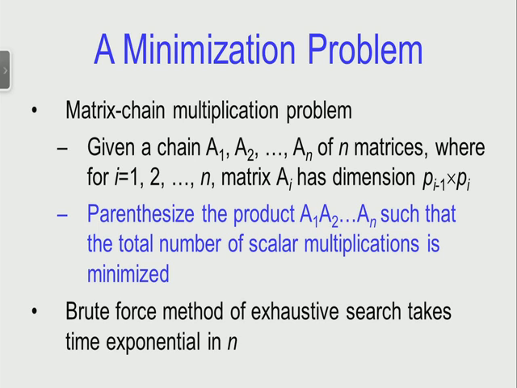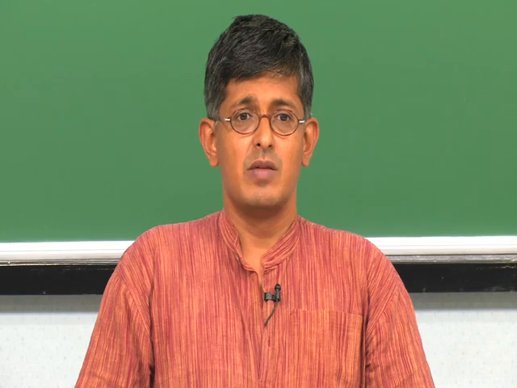One natural approach is the brute force method, where we try all possible parenthesizations. I leave this as an exercise to the student to calculate how many parenthesizations are there for a chain of n matrices. It is indeed exponential in n. The exact function is left as an exercise to the student.